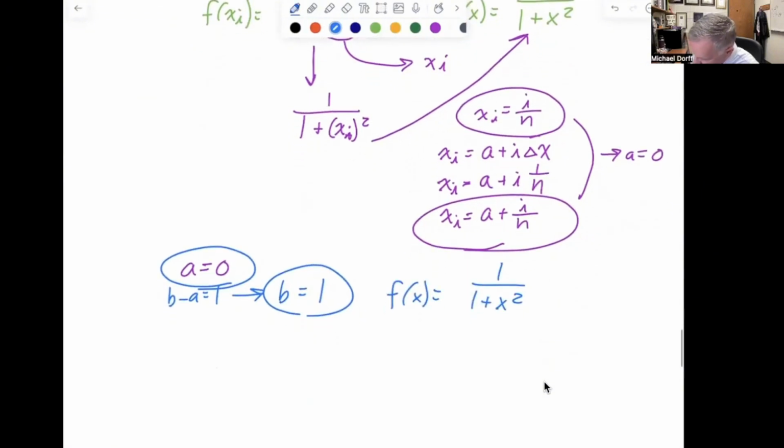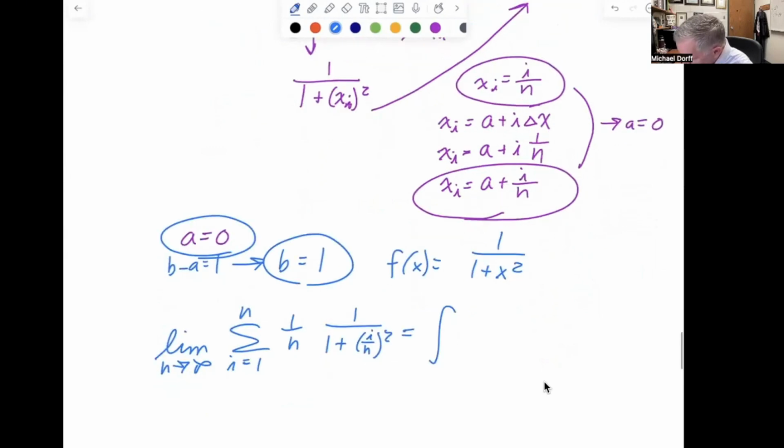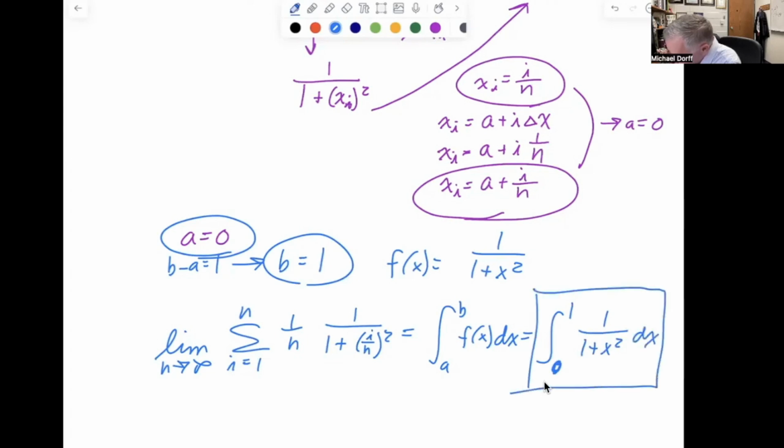So then I've got that my limit as n goes to infinity of the sum i equals 1 to n of 1 over n times 1 over 1 plus i over n squared, the original problem, is equal to the integral from a to b of f of x dx. And so now when I substitute those values in, a is 0, b was 1, and f of x is 1 over 1 plus x squared dx. And so that becomes my answer there.